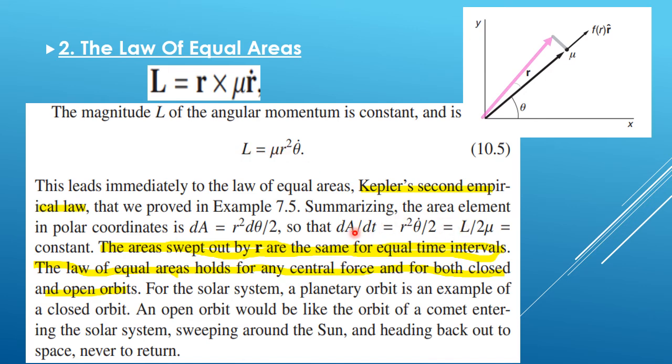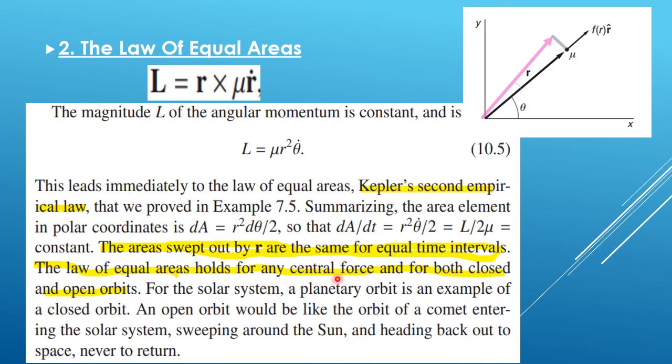So dA by dt will be equal to L by 2 mu, and since L is a constant and mu is also a constant, this quantity L by 2 mu, which is equal to dA by dt, will be a constant value. That means the area swept out by r is the same for equal time intervals.